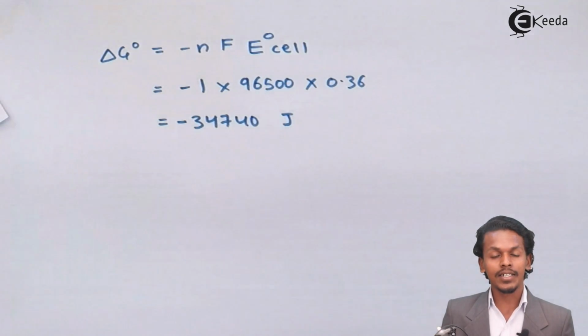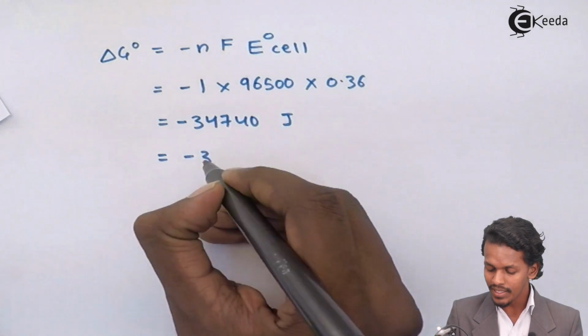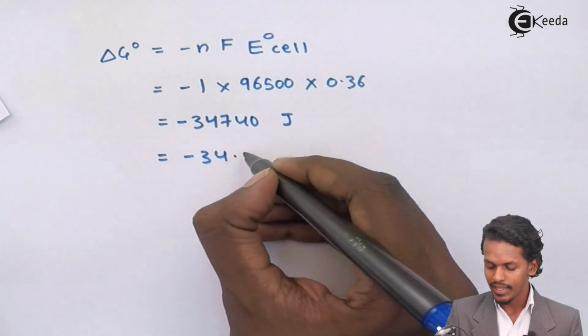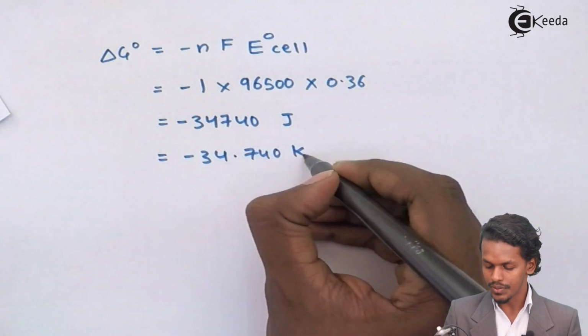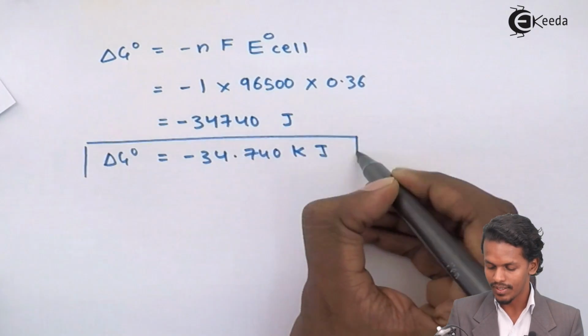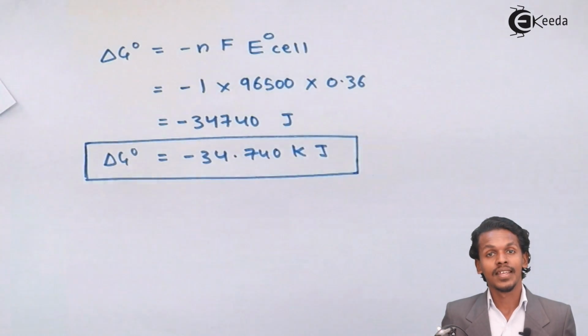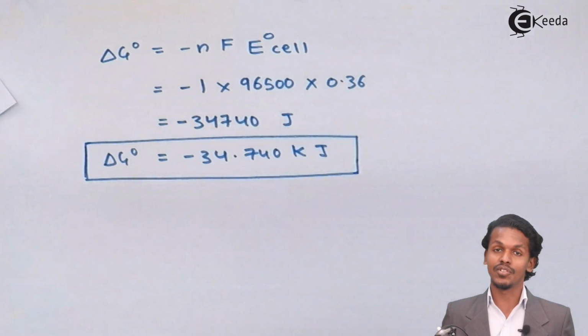This can be converted into kilojoules as minus 34.740 kilojoules. So this is how we have calculated the value of delta G naught, that is the standard Gibbs free energy change.